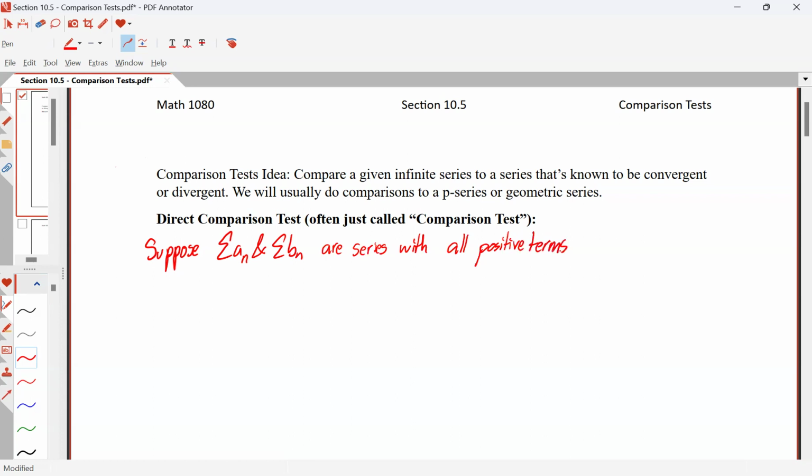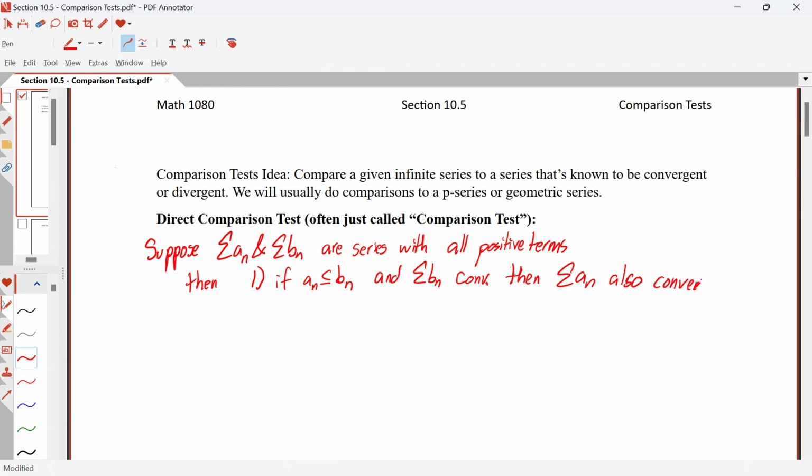Then, first, if the sequence an is less than or equal to the sequence bn, so dropping the series, we're just looking at the sequences now, so term by term, an is smaller than bn, and we know the series of bn converges, then the series for an also converges.